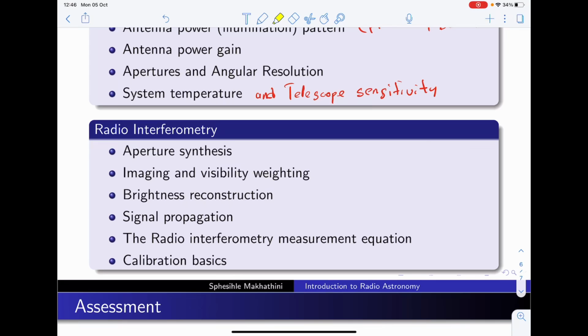Say you have some source here, your signal will move through layers of the atmosphere, and then it will go through the primary beam of your antenna to whatever the receiver element is, and all these things will affect it. So this is the path of the signal, and basically each of these things will have a gain that will be added to the signal, and this gain will corrupt the signal in some way.